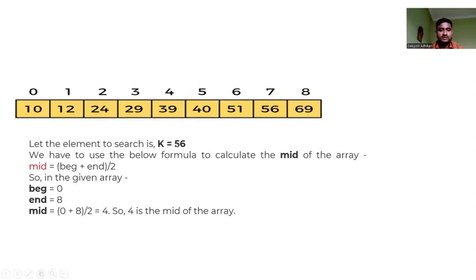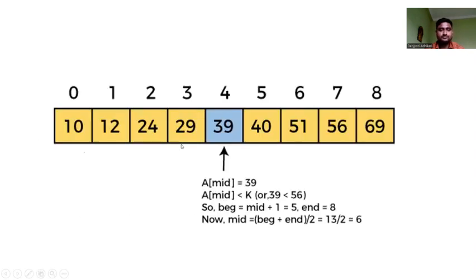You can see our target value is 56. So here mid is 4. So is 39 equal to 56? Yes or no? No. Then compare: mid less than k.